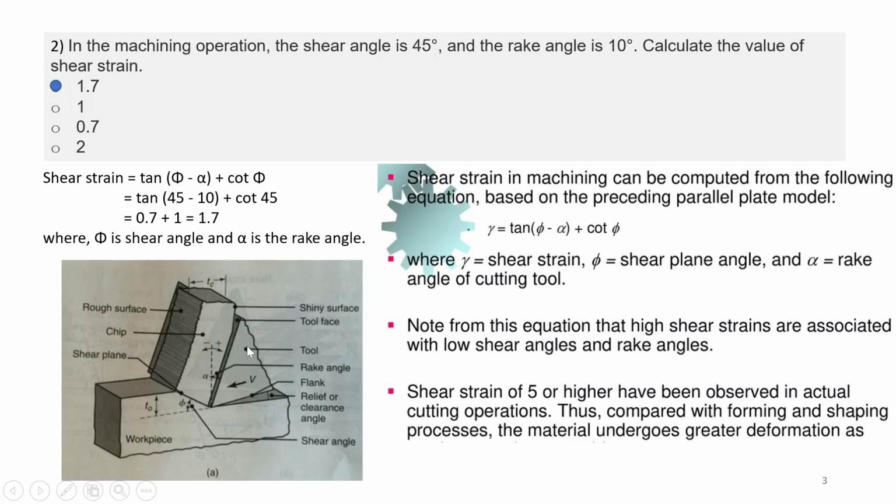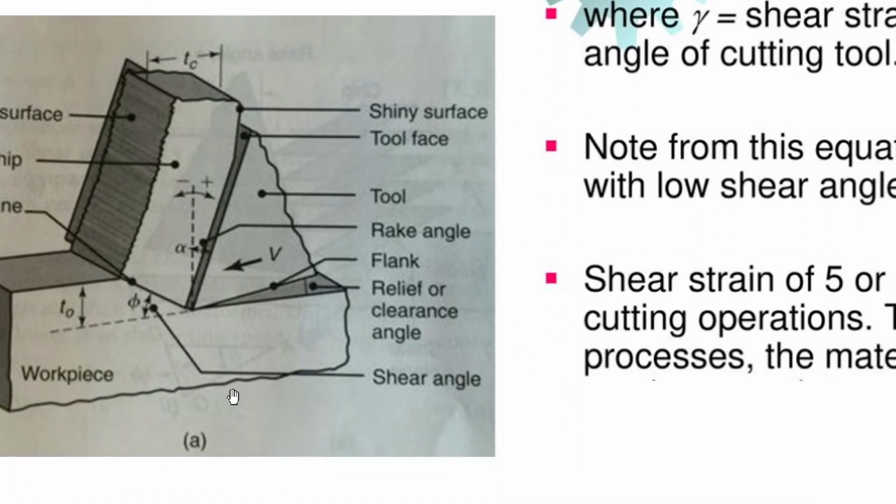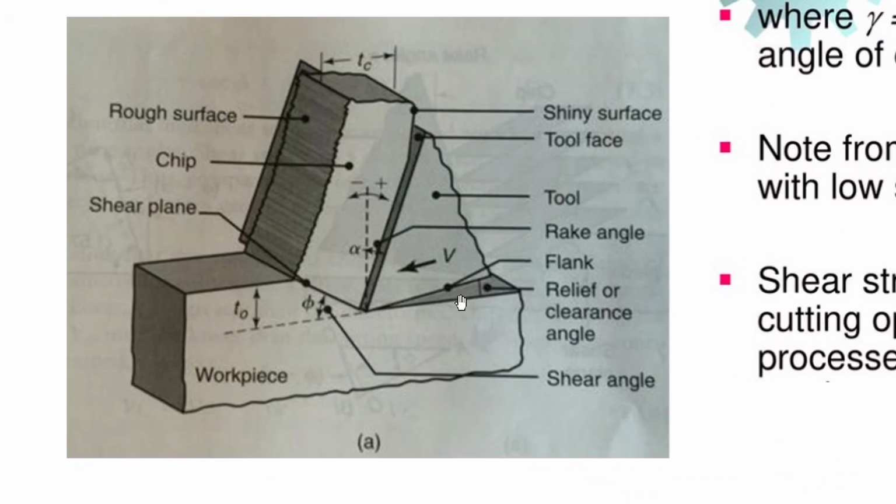From this particular image, you can see in between the chip and the horizontal line will be your shear plane, and alpha will be the rake angle between this perpendicular line and this tool angle that is made by the tool.